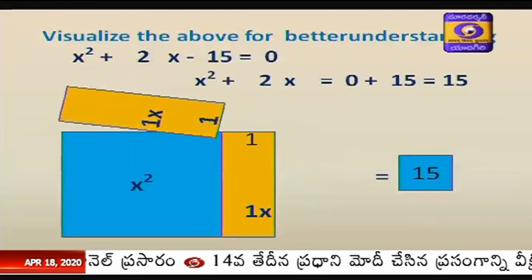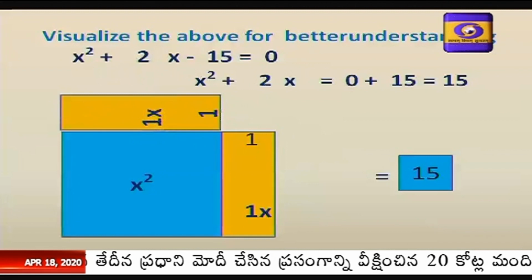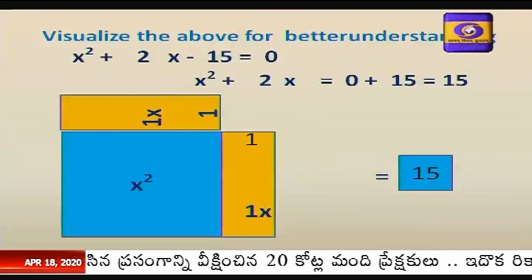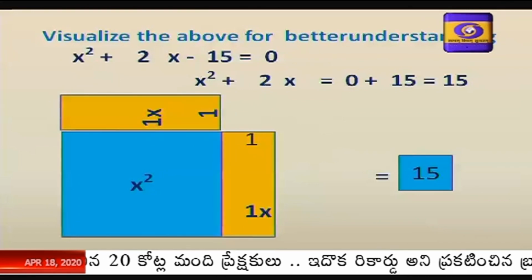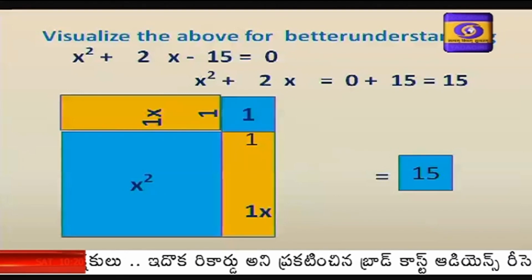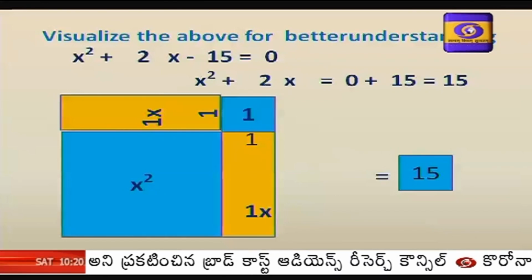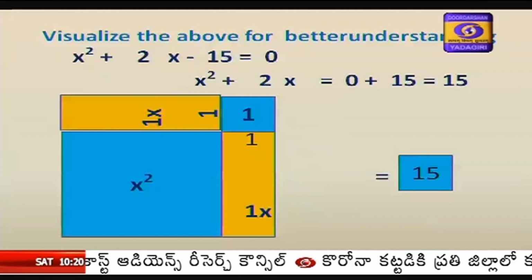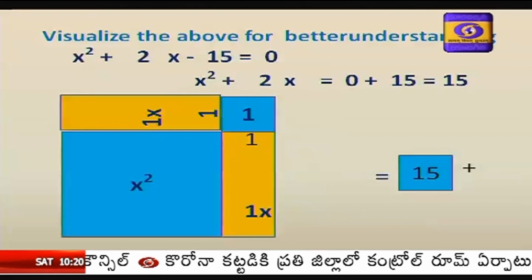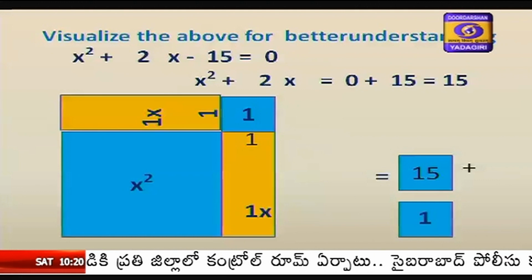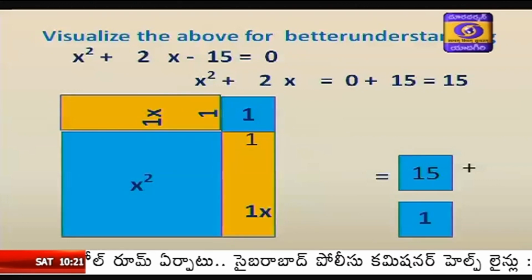It became like this, but a gap is visibly seen. Then how can we fill the gap? See, the measure of 1 and 1 is 1 square. So, I am taking 1, adding 1 on the left hand side. So, I have to add 1 on the right hand side also. It became now a perfect square on the left hand side.